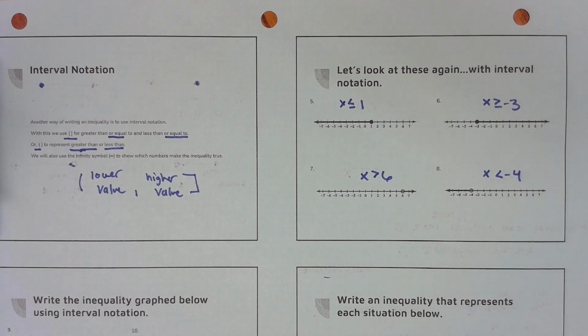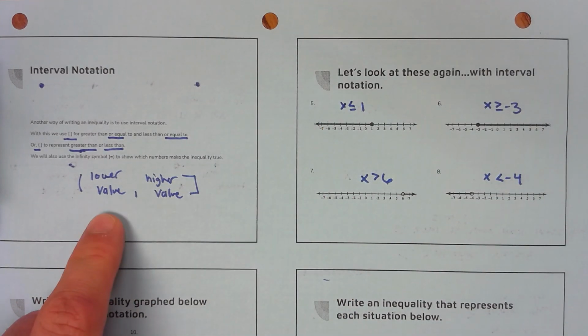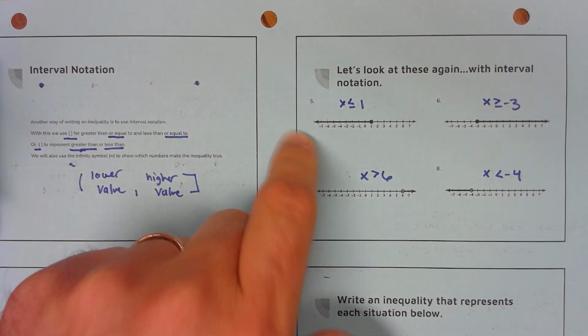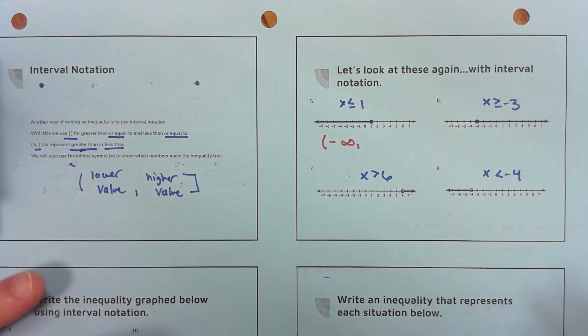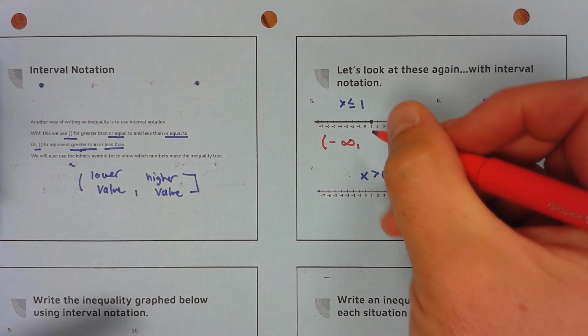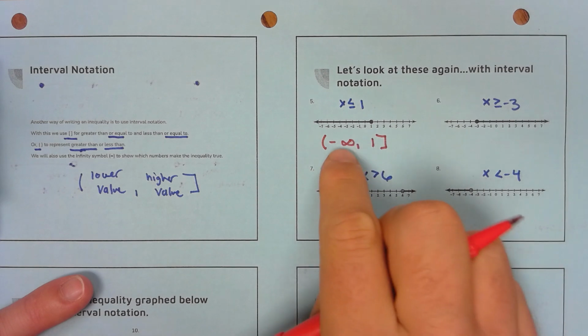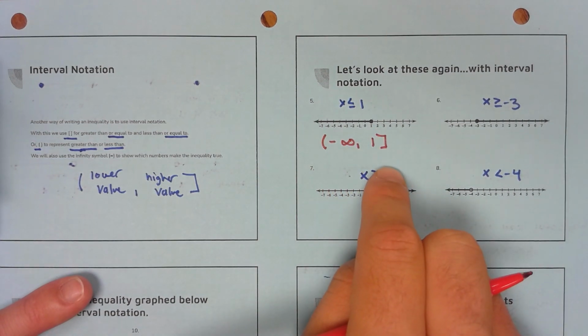And what I'm going to have us do, and this is also how you're going to do your homework, we're going to write the inequality, but then we're going to say what the interval notation would be. So what we have to ask ourselves is, what is the lowest value that this number line is going to? It's going all the way to -infinity. Then the highest number that it gets to is +1. So what this interval notation is saying is all numbers between -infinity and 1.